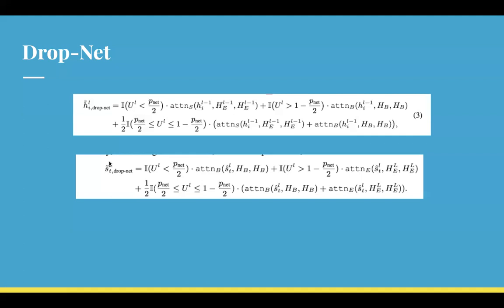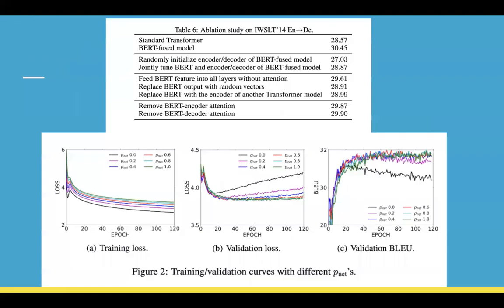And yeah, these are the results of the study. So this is a standard transformer. These are the BLEU scores. So this is the standard transformer, and this is the BERT-fused transformer they've used. Basically, they've experimented with removing certain parts.